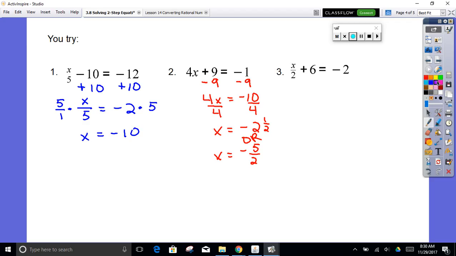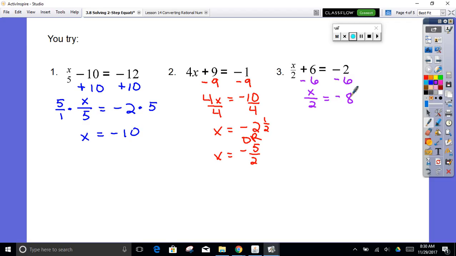Okay, number 3, Ailey. We would subtract 6 from -6 and -2. Okay. And then we would take the -8. Okay, so we need to write down, what do we write down on this side? X over 2 equals -8.